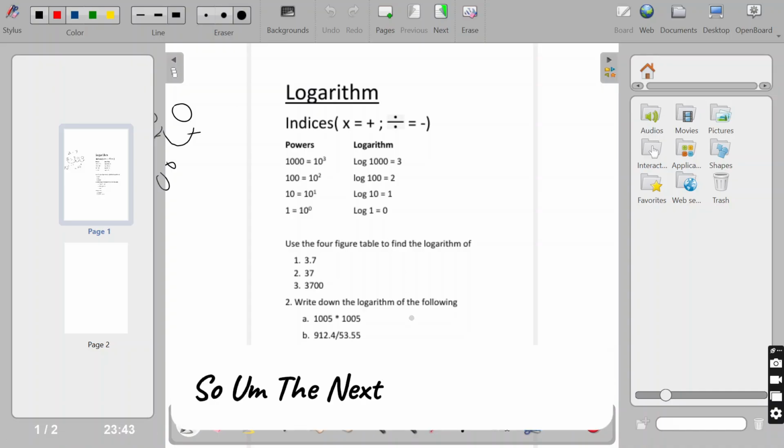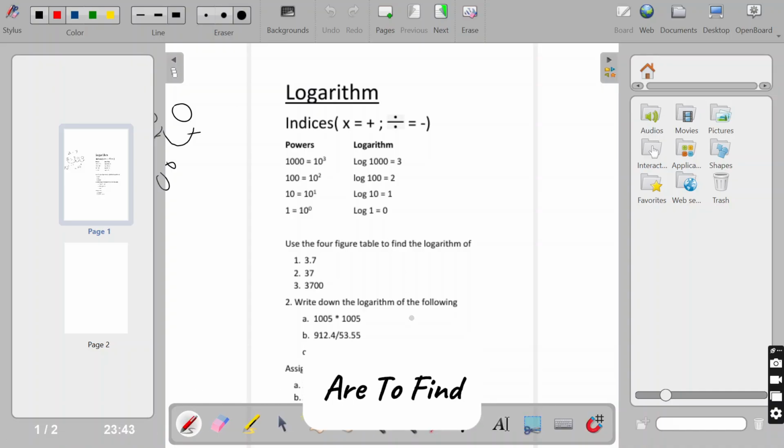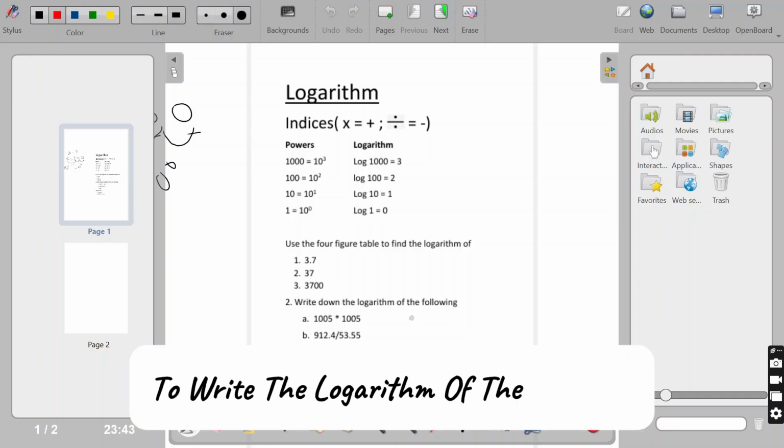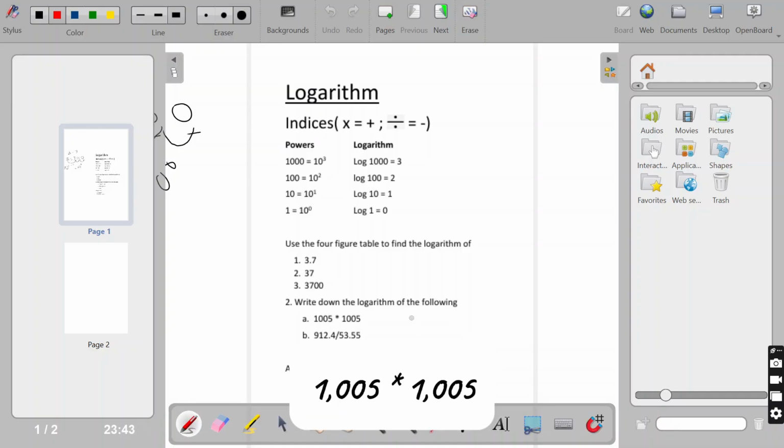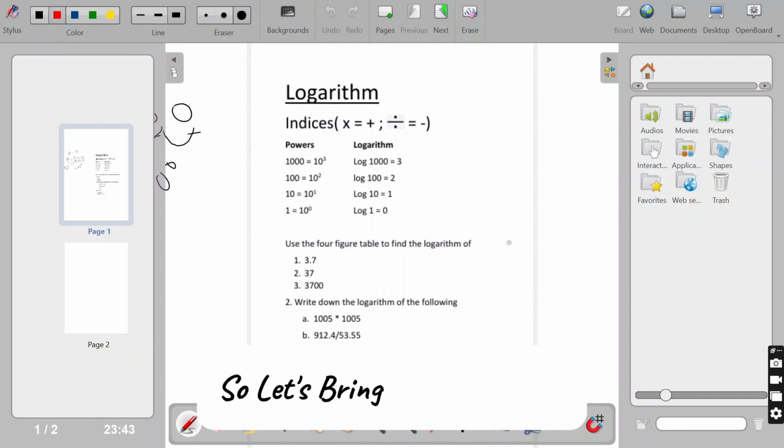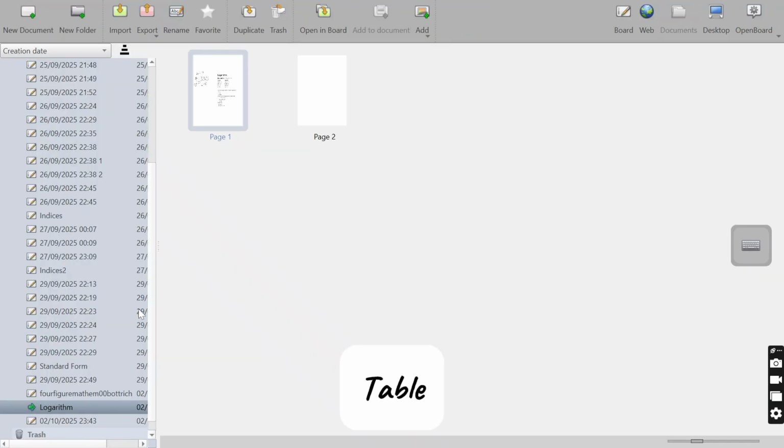So the next question said we are to write the logarithm of the following: 1005 times 1005. So let's bring in the 4-figure table.